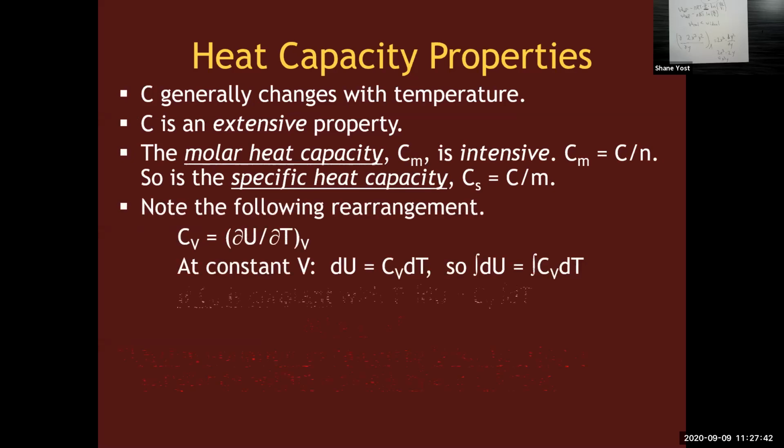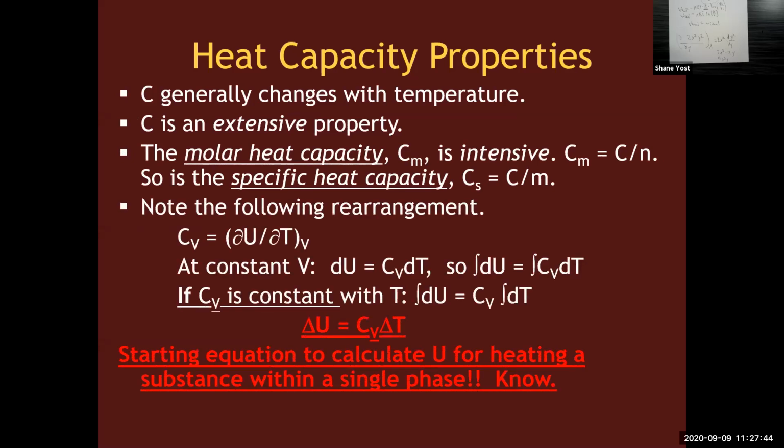Let's go over this slide. I wanted to hit home some of these points. C is an extensive property. It typically does change with temperature, but we will often assume it's constant with temperature. So in a problem, unless you're told otherwise, you can assume heat capacity is constant with temperature.